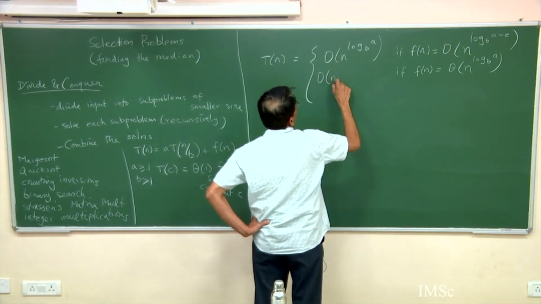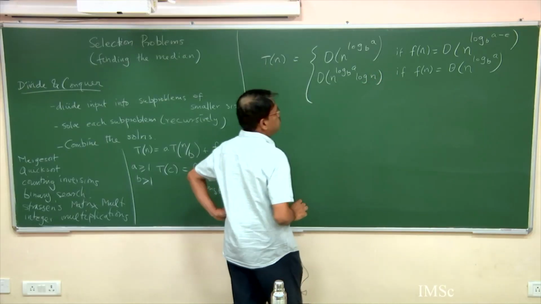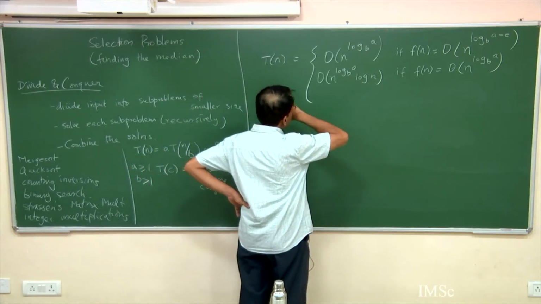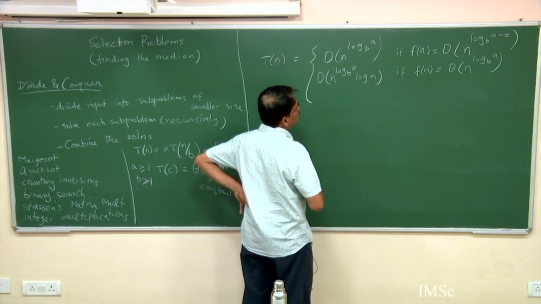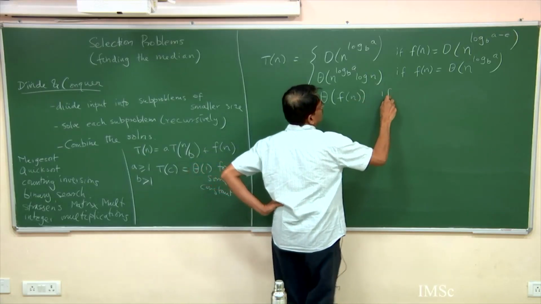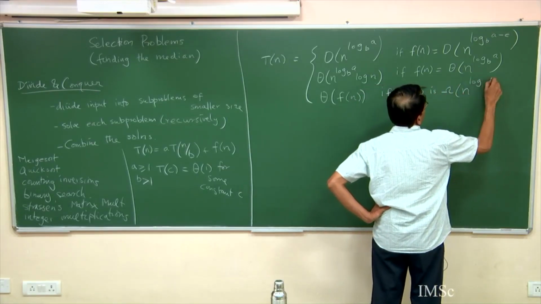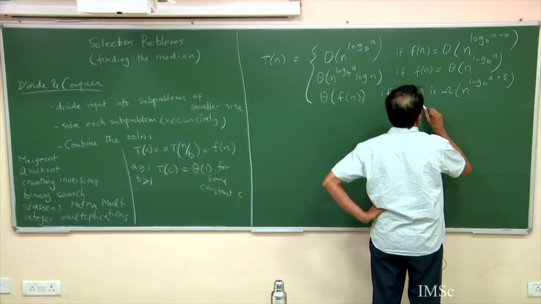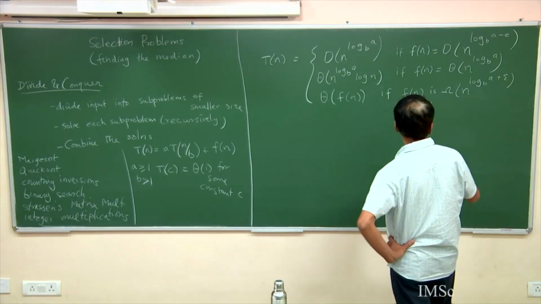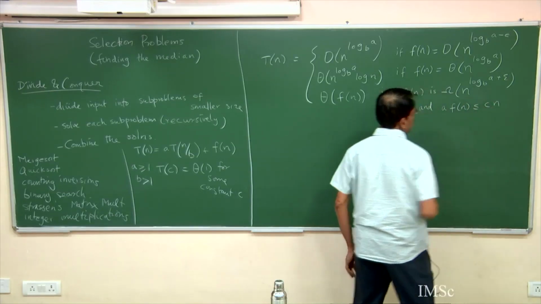Then it's actually theta of f of n, and you need some technical condition.